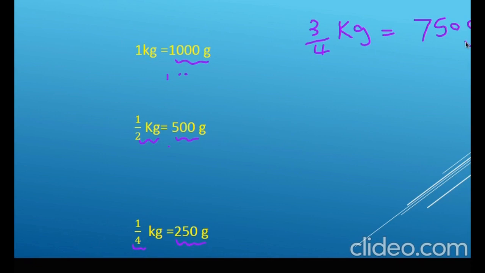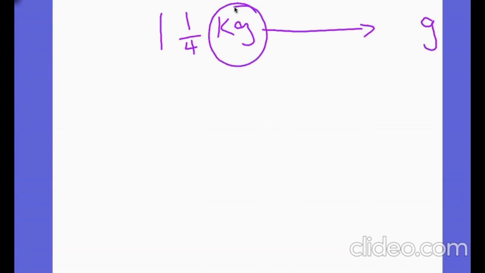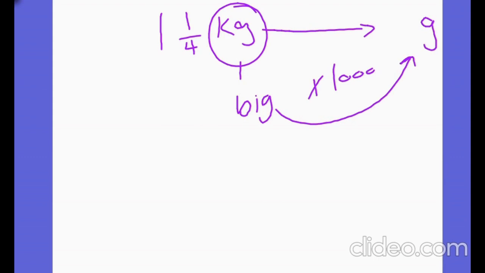Okay, let's take more examples for you. 1 kilo and quarter kilogram, I want to transfer it to gram. First of all, I will see if it's the big unit. It means I will multiply with 1000. But here I have a whole number and I have a fraction.